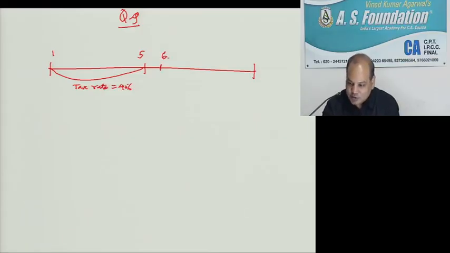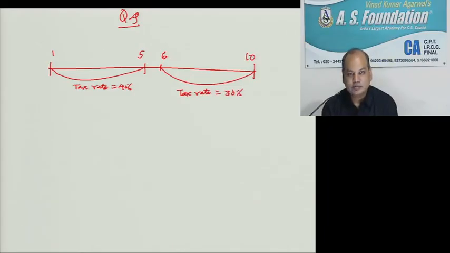And then from 6 to 10, the tax rate will be 30%. This can happen only in the exam, that you will be able to estimate tax rate 5 years in advance. But since they have given, you have to solve. I just can't believe how they arrive at such numbers.